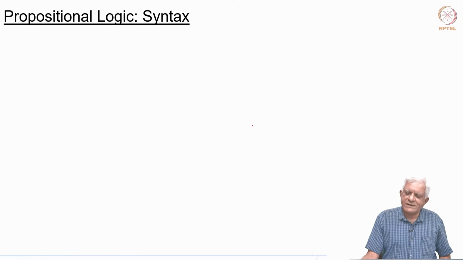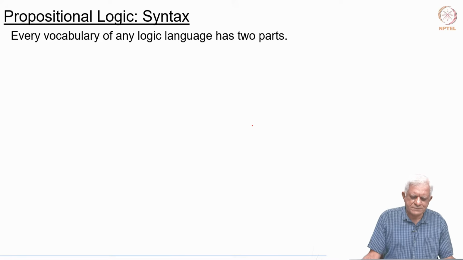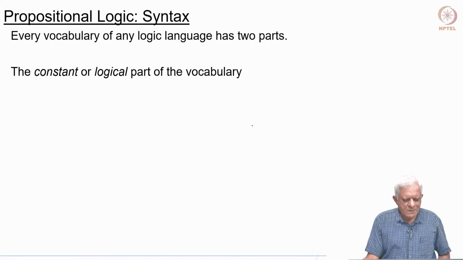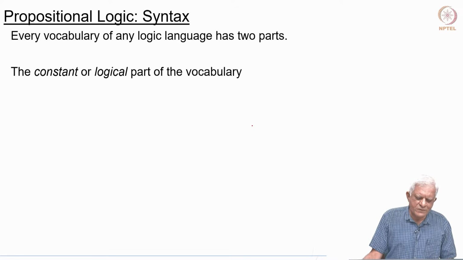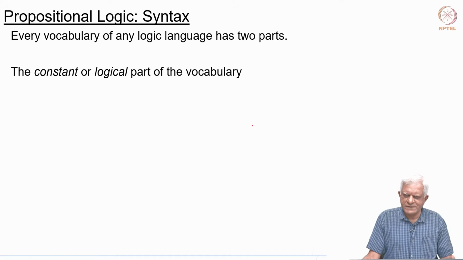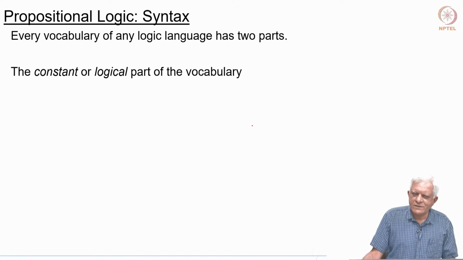So, let us see what set of sentences we can talk about in propositional logic, and that is the syntax. How can we construct sentences? How can we construct more sentences given simple atomic sentences like P, Q and so on? Every time you build a logic, you will have a constant or logical part, which has to do with the logical connectives. Logical reasoning is based on the meaning of logical connectives.